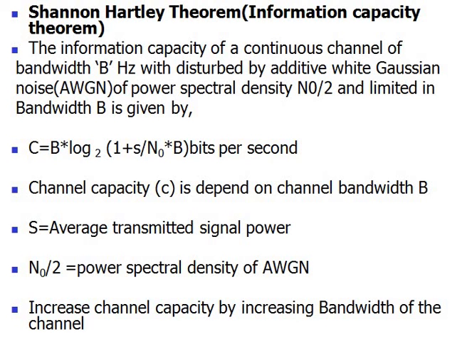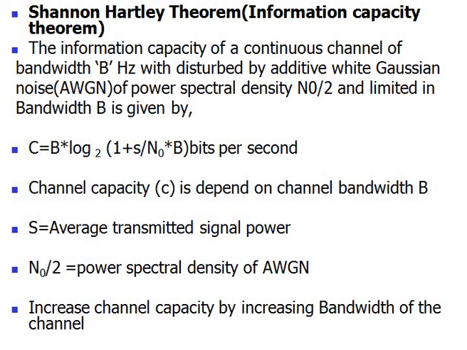The next one is the Shannon-Hartley theorem, which is also known as the information capacity theorem. The information capacity of a continuous channel having bandwidth B Hz, disturbed by additive white Gaussian noise of power spectral density N0 by 2 and limited bandwidth B, is given by the formula C is equal to B into log 2 of 1 plus S divided by N0 into B, where channel capacity C depends on channel bandwidth.